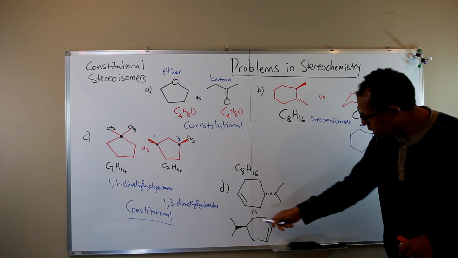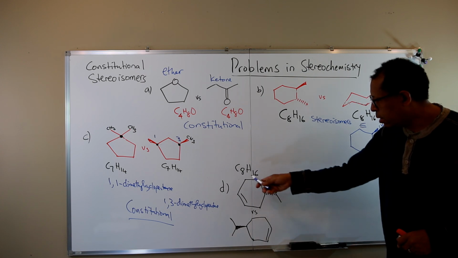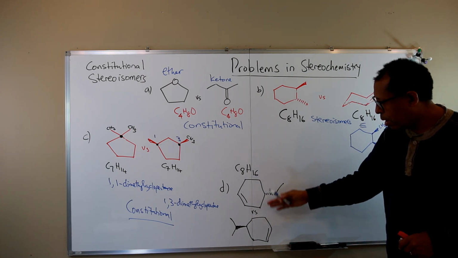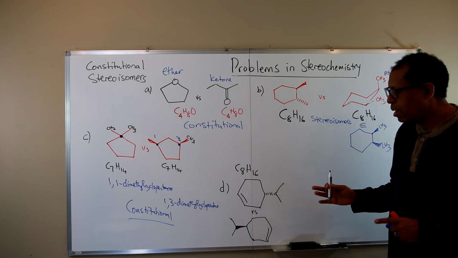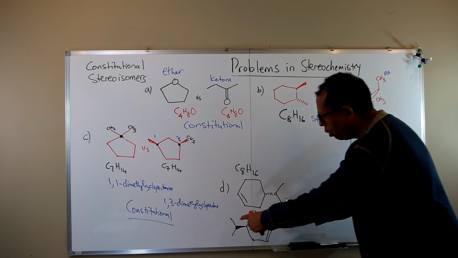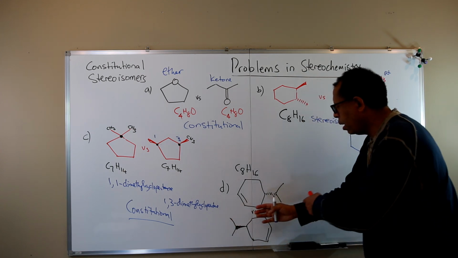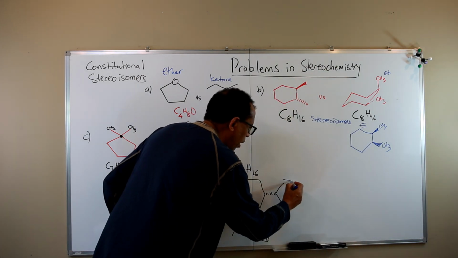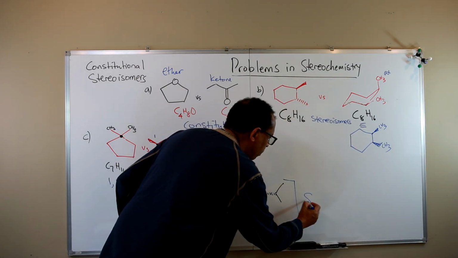Everything sequentially is the same. So these two are actually, if you just flip the whole molecule and bring it like this, the two of them are just the same molecule.